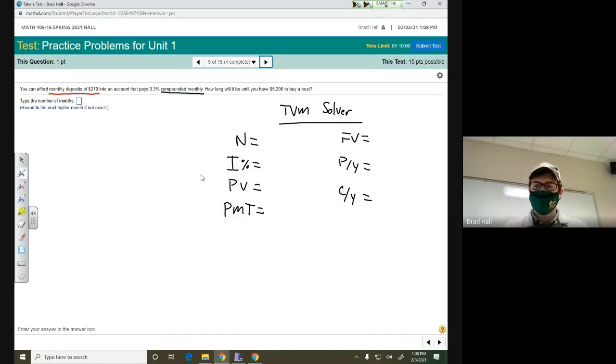That immediately tells us PMT, which I'm starting off with a negative. PMT is always negative by default. That's 270. That's how much we are paying each month, or depositing each month.